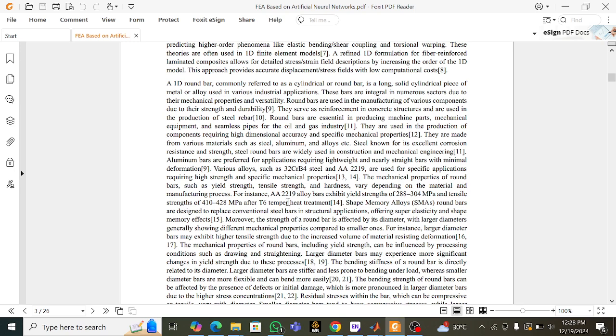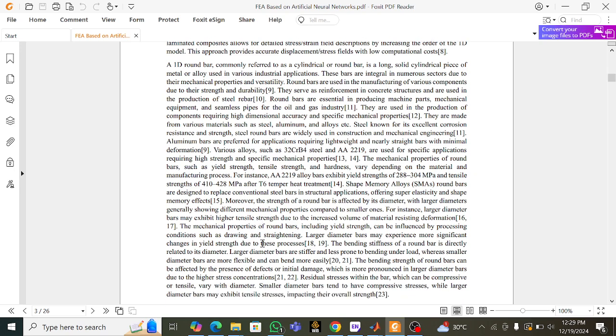For instance, A2219 Li bars exhibit a yield strength of 288 to 304 megapascal and a tensile strength of 410 to 428 megapascal after T6 tempered heat treatment. Shape memory alloy round bars are designed to replace conventional steel bars in structural applications because of their elasticity and shape memory effects.